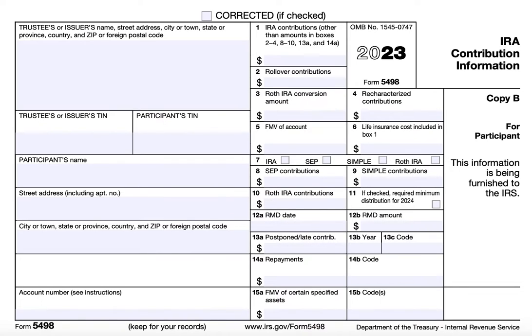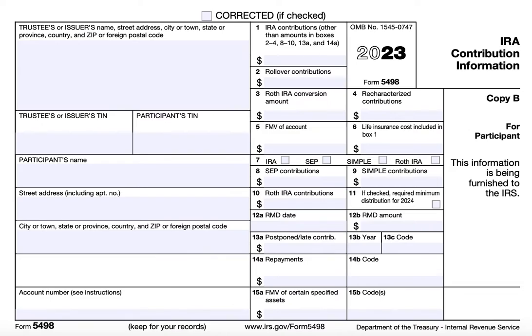Box 11, if this box is checked, it indicates that you probably need to withdraw a required minimum distribution in the 2024 tax year, so the following tax year. Your custodian has your age information and account information, so they're required to provide this information to you on Form 5498.